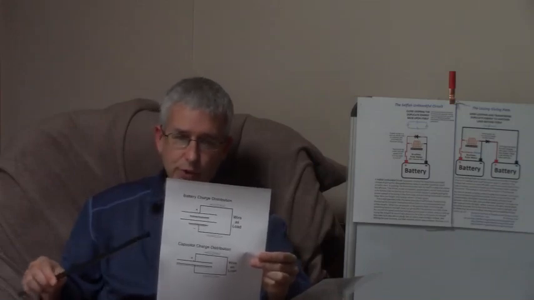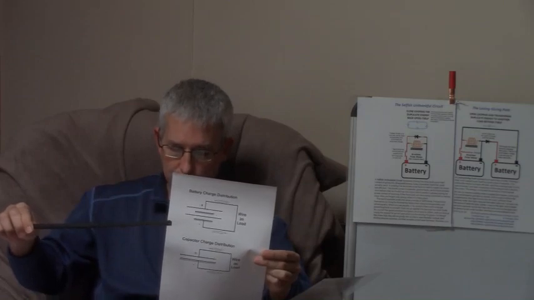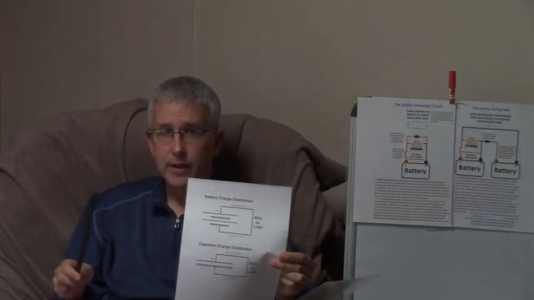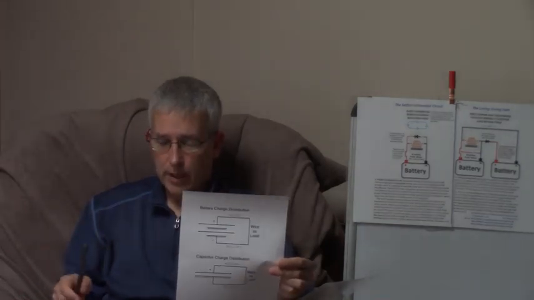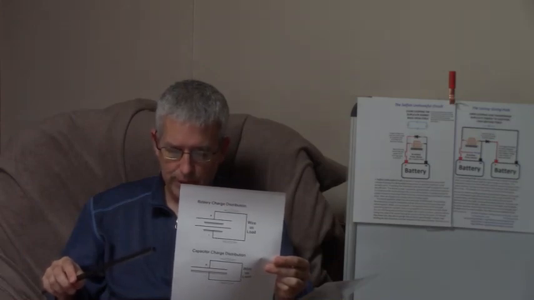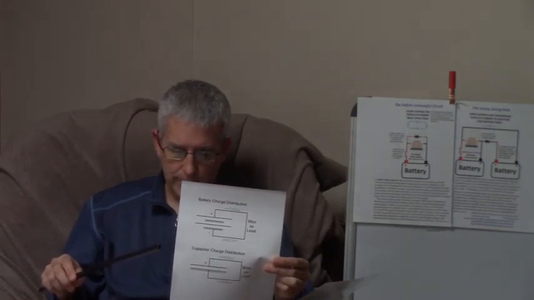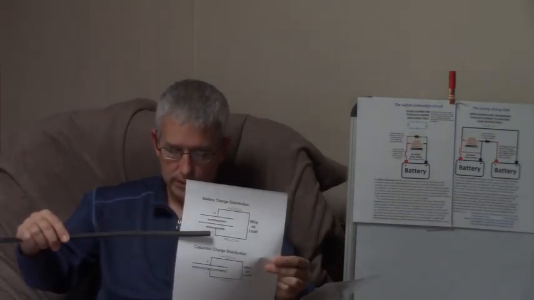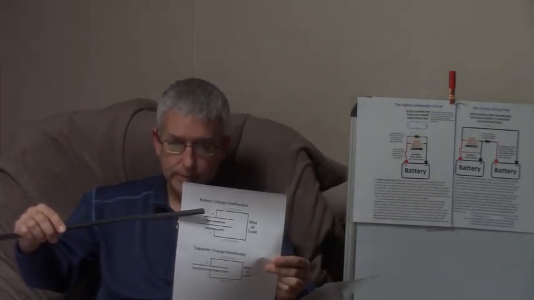So charge distribution of free electrons that are pushing apart from each other. The electrons are always, their negative like polarity repels, right? So this charge distribution of free electrons takes place from across the battery negative terminal to the positive terminal.